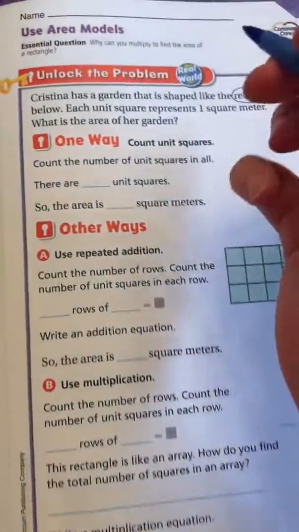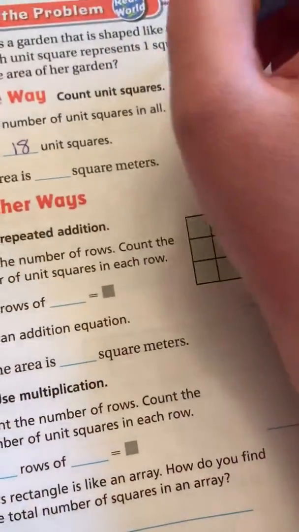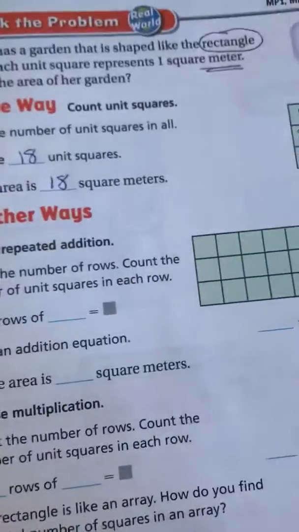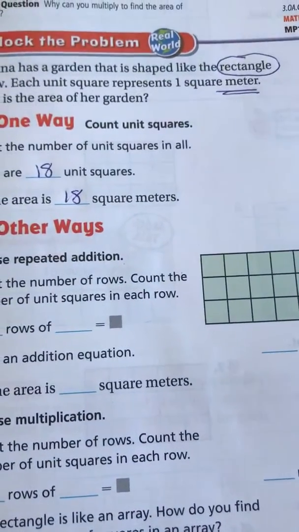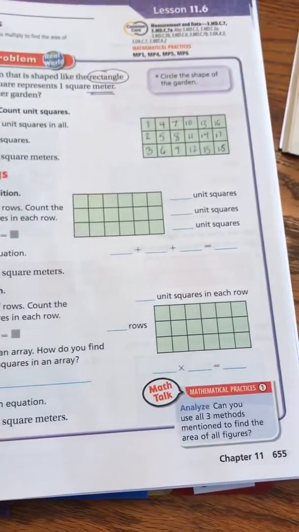So there are 18 unit squares, and since we are measuring in meters, the total area for this rectangle is 18 square meters. So again, that way we just counted all the squares.